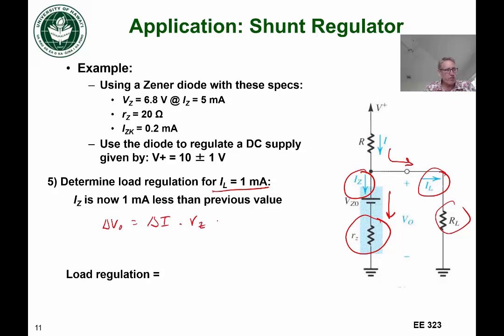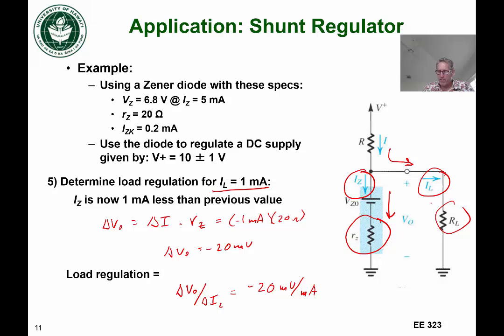And so the change will be minus 1 milliamp, so we're getting 1 milliamp less, times 20 ohms, and that tells us that delta V out is equal to minus 20 millivolts. So we could write then that delta V out over delta IL is equal to minus 20 millivolts per milliamp.